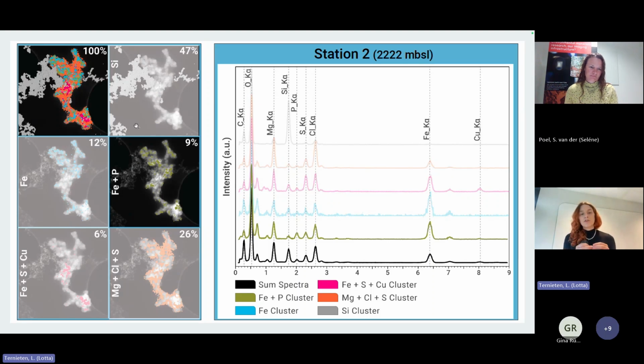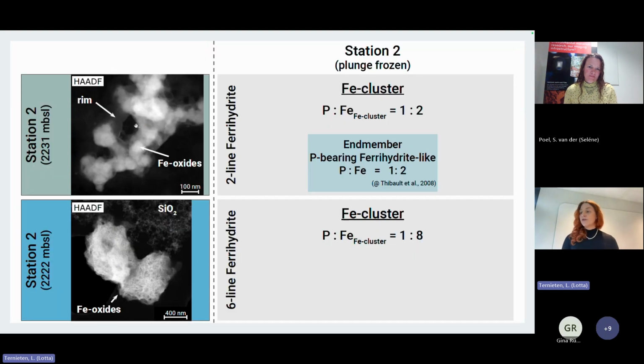So what we saw in just individual cross sections, we can actually observe this throughout the whole particle, and we're also able to observe these phase in almost all of our samples. And then, because we now have the signal for specifically this cluster or phase, we could quantify it. And it turns out there's actually a significant difference between the 2-line and the 6-line ferrihydride.